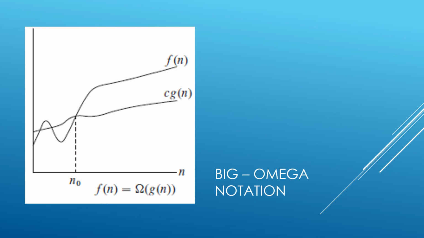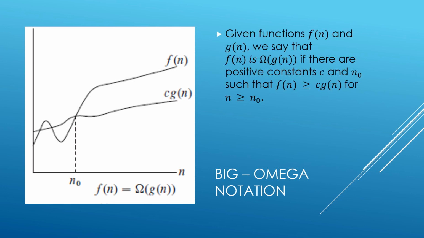Big omega notation. Given functions f(n) and g(n), we say that f(n) is omega g(n) if there are positive constants c and n0 such that f(n) is greater than or equal to c g(n) for n greater than or equal to n0. Look at the picture.